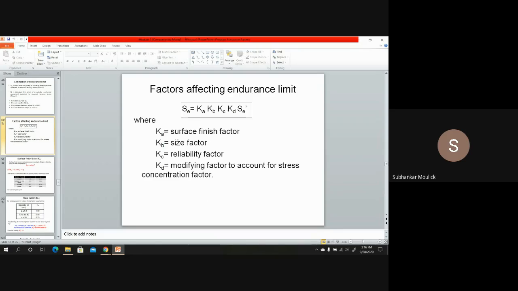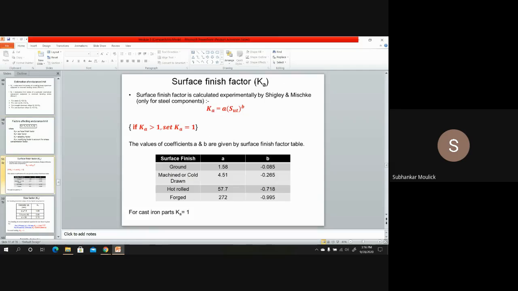Fine. So let us find out what these Ka, Kb, Kc, Kd are, and how we can find these derating factors. What is Ka? Ka is your surface finish factor. This surface finish factor is found by experimental relationships developed by the scientists Shigley and Mischke.